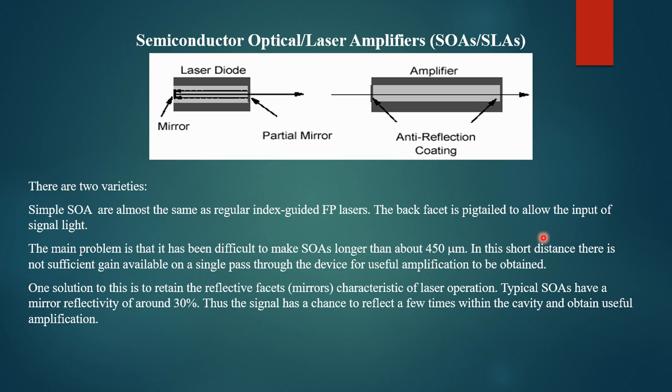The SOA has higher noise, lower gain, moderate polarization dependence, and higher nonlinearity with fast transient time. The main advantage of SOA is that all four types of nonlinear operation, that is cross gain modulation, cross phase modulation, wavelength conversion, and four-wave mixing, can be conducted. Furthermore, SOA can be run with a low power laser.